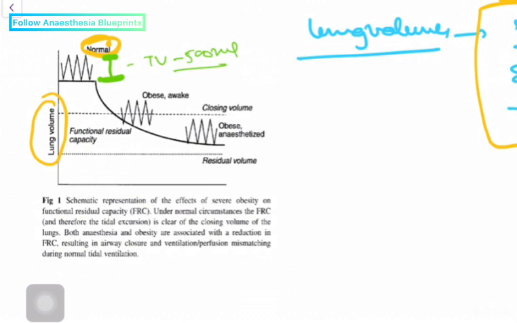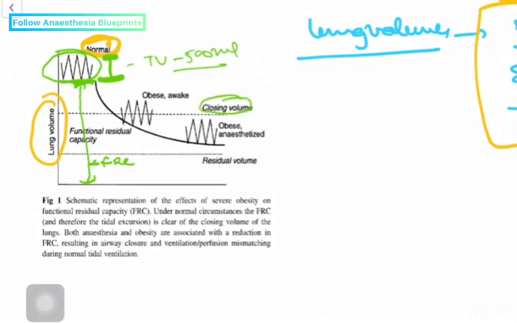So what is FRC? FRC is the volume in the lung where respiration begins. This is FRC. In a healthy individual, this is inspiration and expiration; the normal patient is generating normal tidal volume above the FRC. So this is the closing volume.